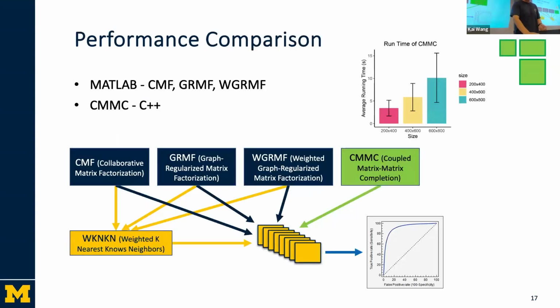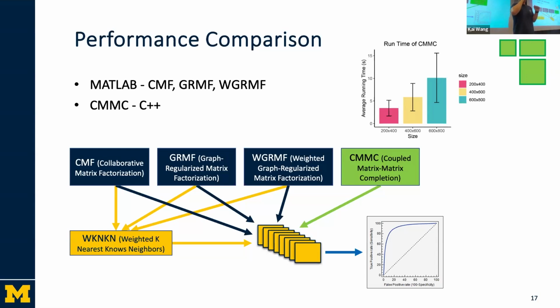And then we can just run our method to test the performance. Here, we compared our method to 3 other similar matrix completion algorithms, all implemented in MATLAB. We chose those 3 because they also need the interaction matrix and the 2 coupled matrices.